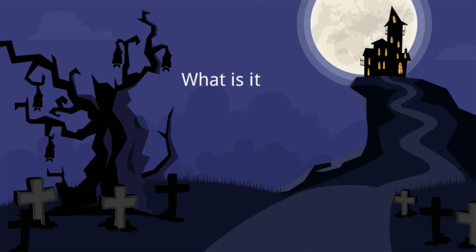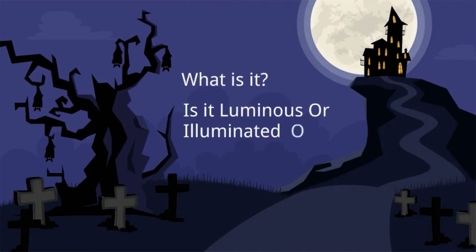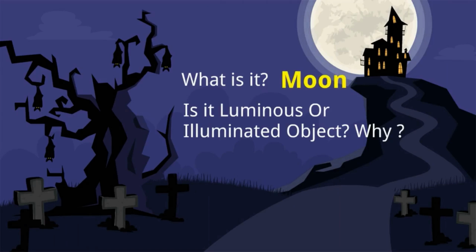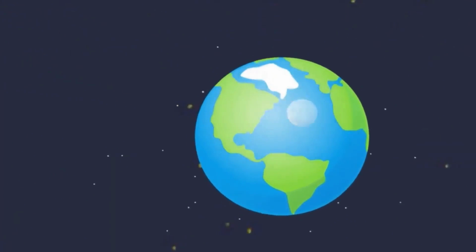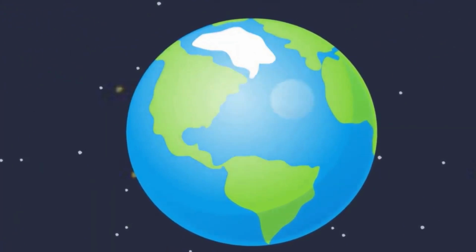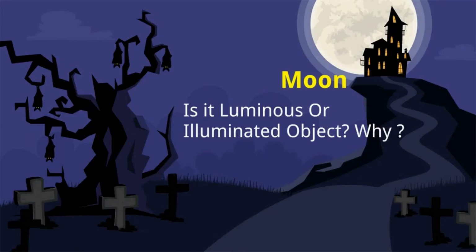Look at this picture. It is at night. Are you able to see this bright thing? What is it? Is it a luminous or illuminated object? And why? It's the moon. So we will see whether the moon is a luminous or illuminated object. Earth is moving around the sun and the moon is moving around Earth. So sometimes the moon is in a position where the sunlight is falling on the moon and it is reflected.